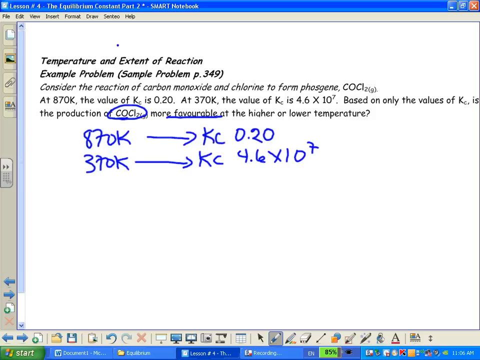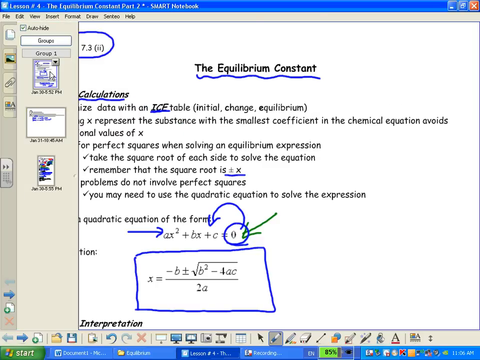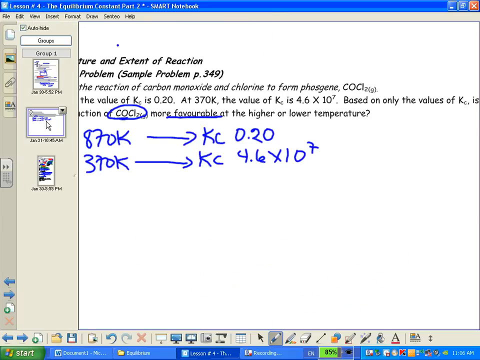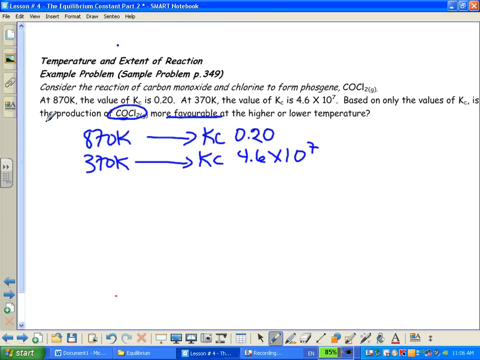So let's go back here. We just learned if we want products to be favored, we want a K that is greater than 1. Which one of these two has a K that is greater than 1? This one is greater than 1, however, it's really small and close to 0, so that'd be approximately at equilibrium.